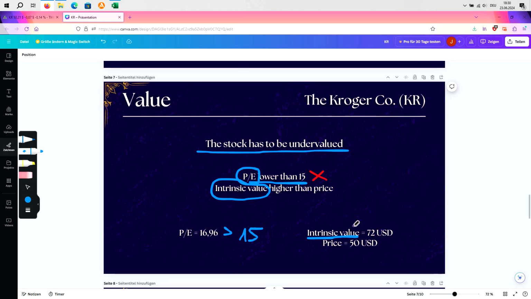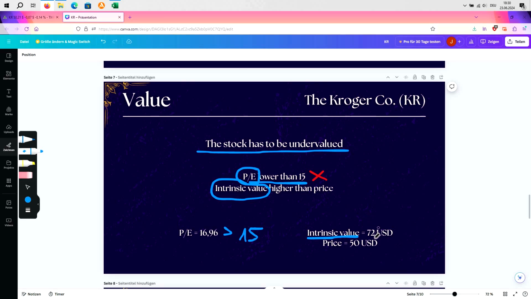So there are some complicated calculations going on in the background, and based on those calculations, we calculate what would be the fair price, okay? We take a look at the earnings reports of this company, everything, and then we decide based on that what would be the fair price.